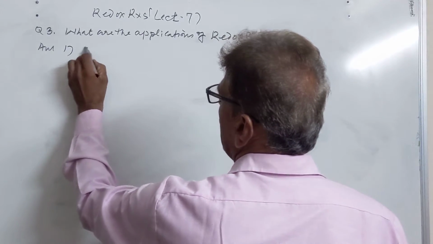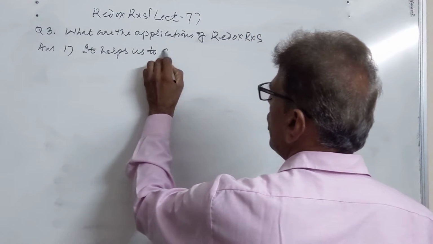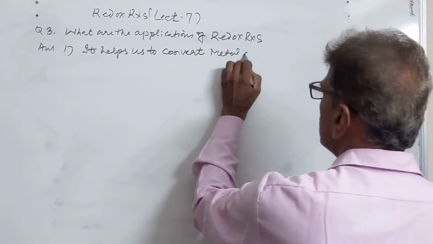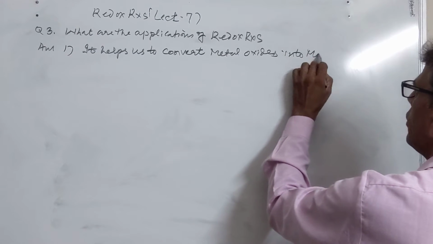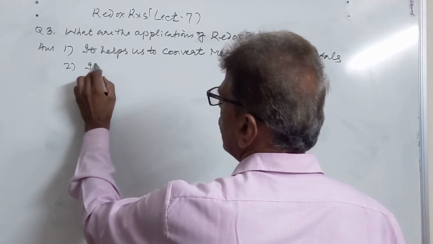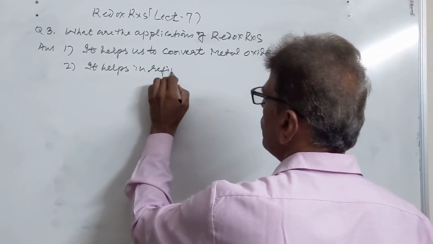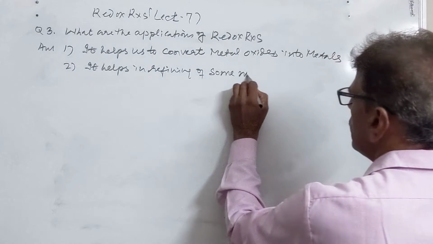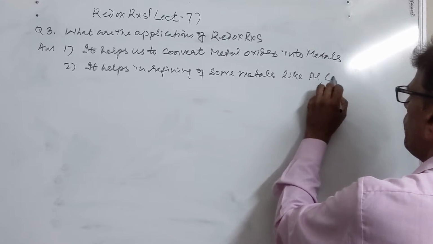Answer: it helps us to convert metal oxide into metals. It helps us in refining of some metals like aluminium, copper, zinc.